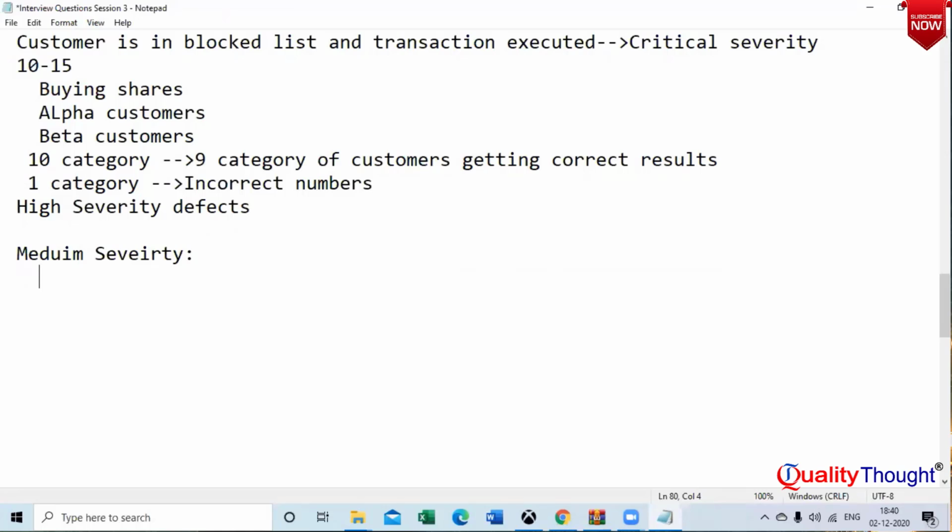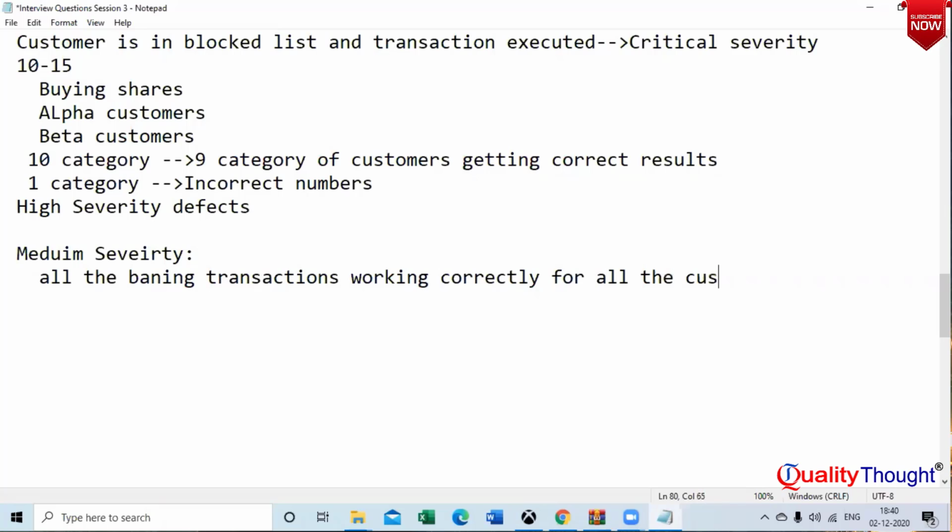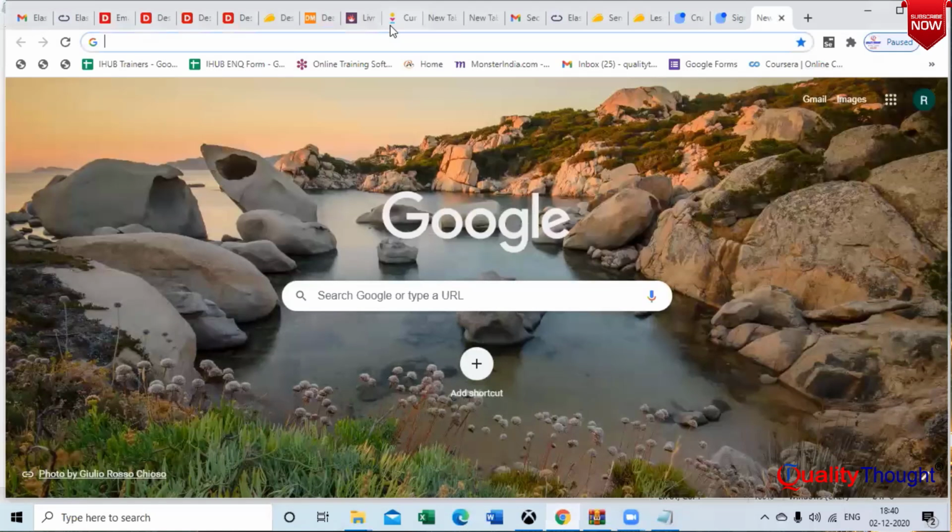All the banking transactions are working correctly for all the customers.